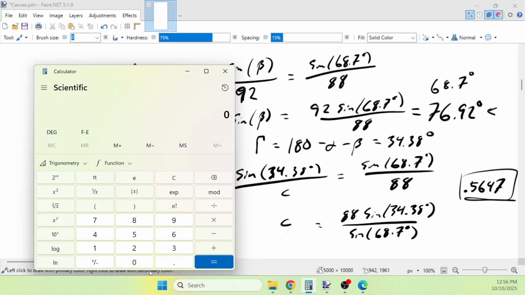Clear everything. Sine of that, reciprocal, multiplied by 8, multiplied by 0.5647. We get 5.3.